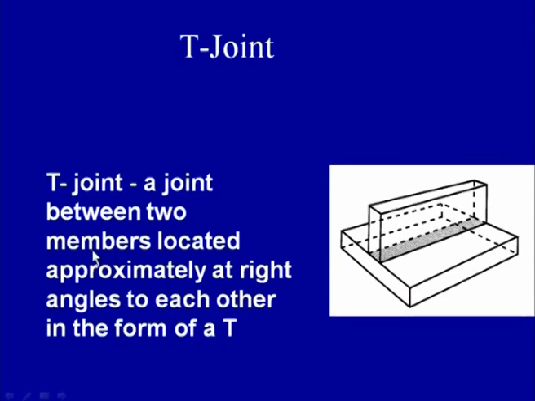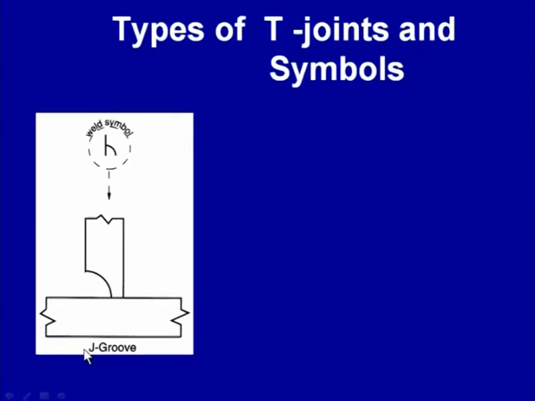For developing the T joint, a joint between two members located approximately at right angle to each other in the form of a T, different kinds of groove geometries are used, like the J groove geometry being made in one member of the component to be joined.